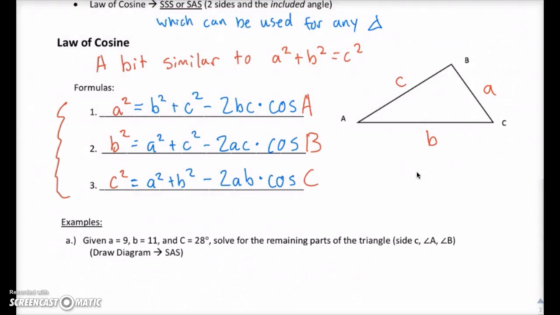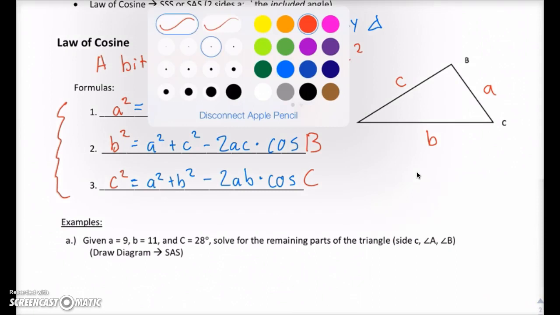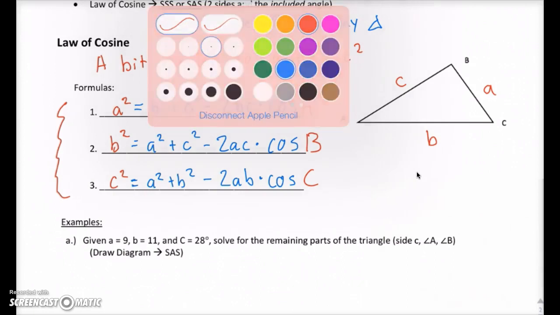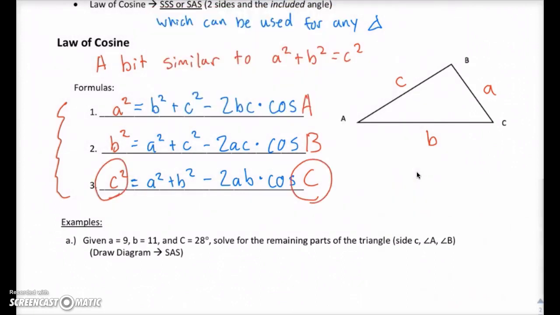So these three formulas, if you can't tell already, the variables on the outside correspond to each other, this is the side and this is the opposite angle, so they're always going to be the same, whichever formula you're going to use.